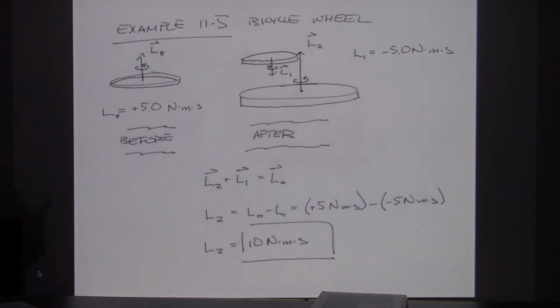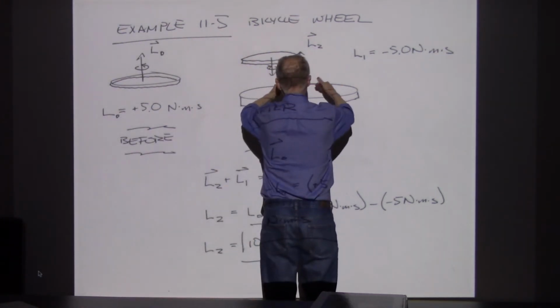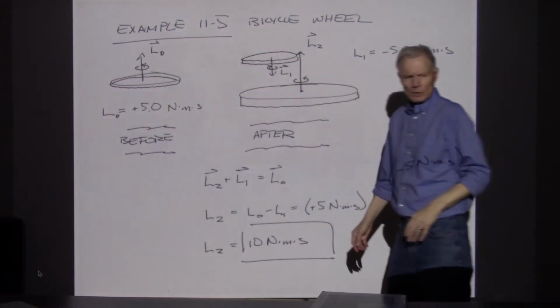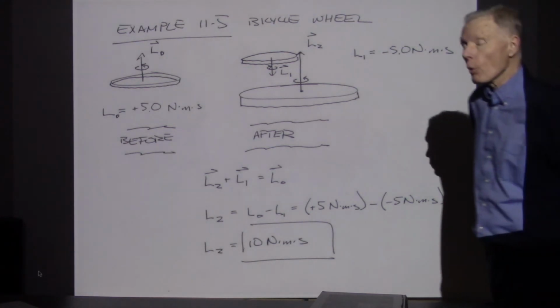Okay. And this is all assuming that we've completely isolated these objects. What that means is this platform needs to be up on some frictionless bearings. Now, you might say, well, what if the platform's not there? Where does the angular momentum end up? It ends up in the whole planet.